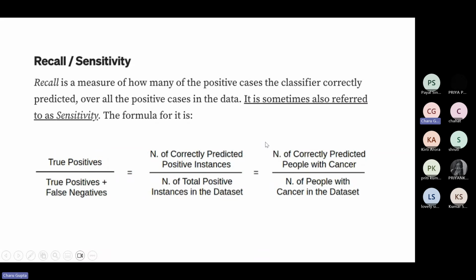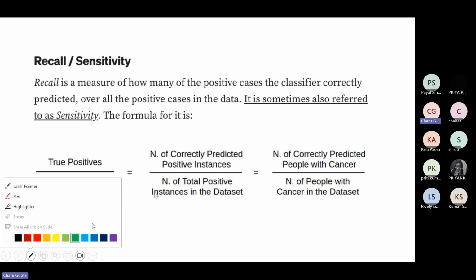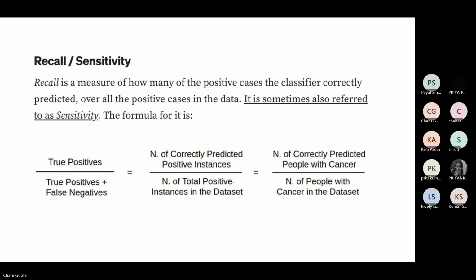Next is recall and sensitivity. Recall is about true positives, but in the denominator, we will be taking the total positives of the data set. ठीक है?